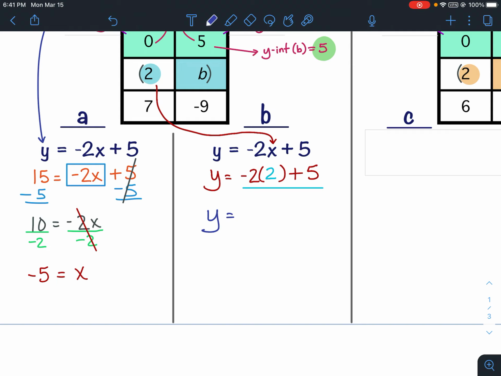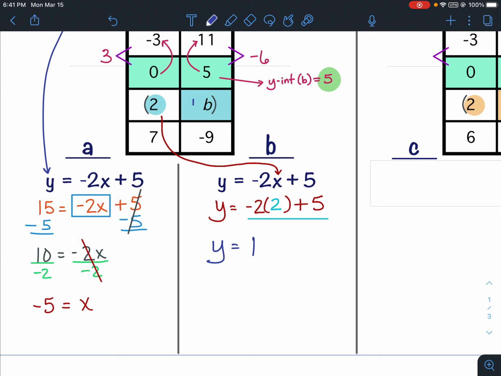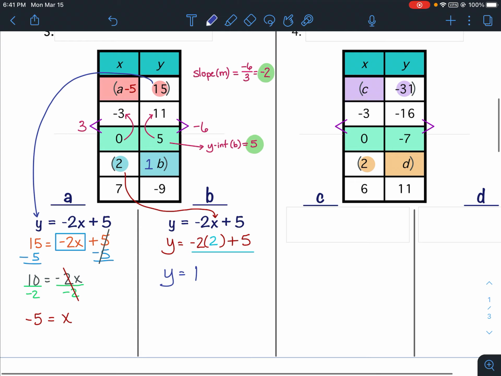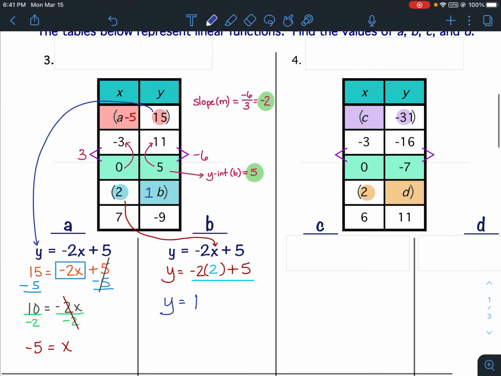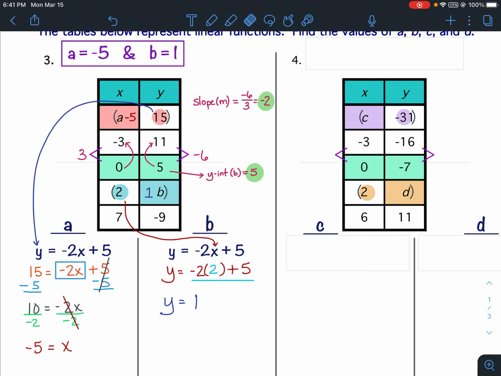So -2 times 2 would be -4. -4 plus 5 is 1. So up here beside the b, I'm going to put a 1. So again, a is -5, b is 1. So my final answer, a equals -5 and b equals 1. Pause your video, make sure you have everything written down.